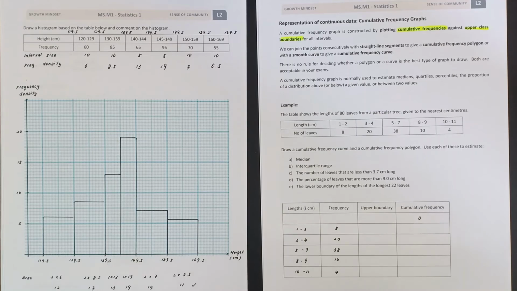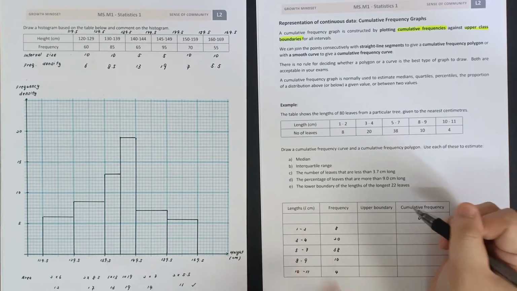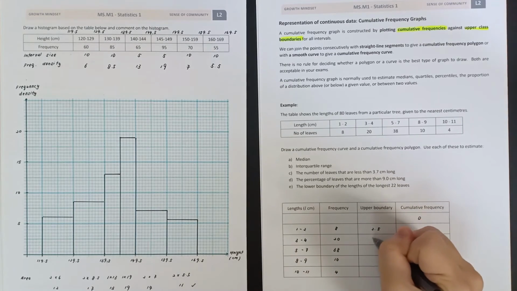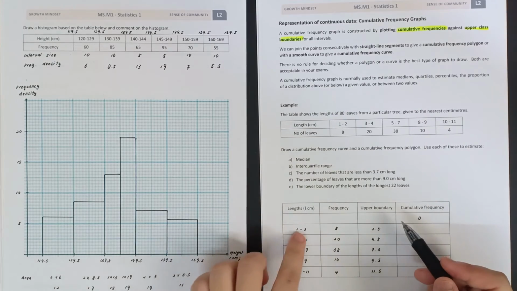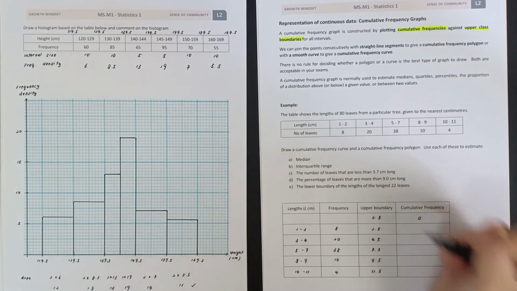Then what is the upper boundary? For 1 to 2 and 3 to 4, the upper boundary is 2.5, then 4.5, 7.5, 9.5, and 11.5. What is the lower boundary of 1 to 2? It's going to be 0.5.